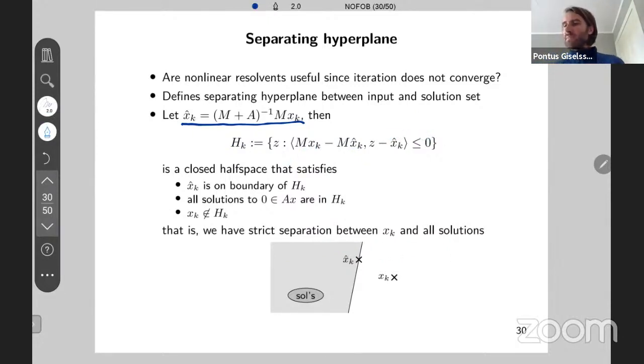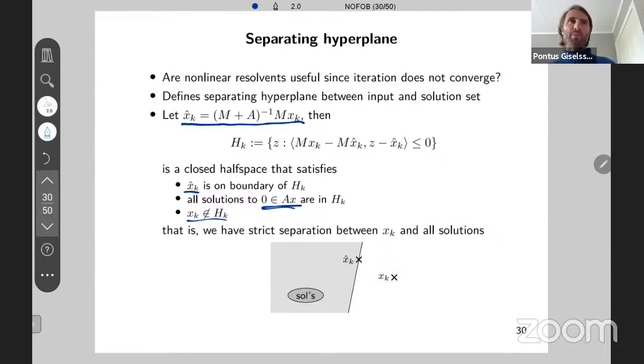All right, so what does it mean that it's a separating hyperplane? One thing we know is that x hat k is on the boundary of H_k, so x hat k is somewhere on this line. And we know that all solutions to the problem we want to solve, the problem is 0 in Ax, and all solutions are in H_k. So here are the solutions to the problem, and the point where we apply the nonlinear resolvent is not in H_k, so it's somewhere outside.